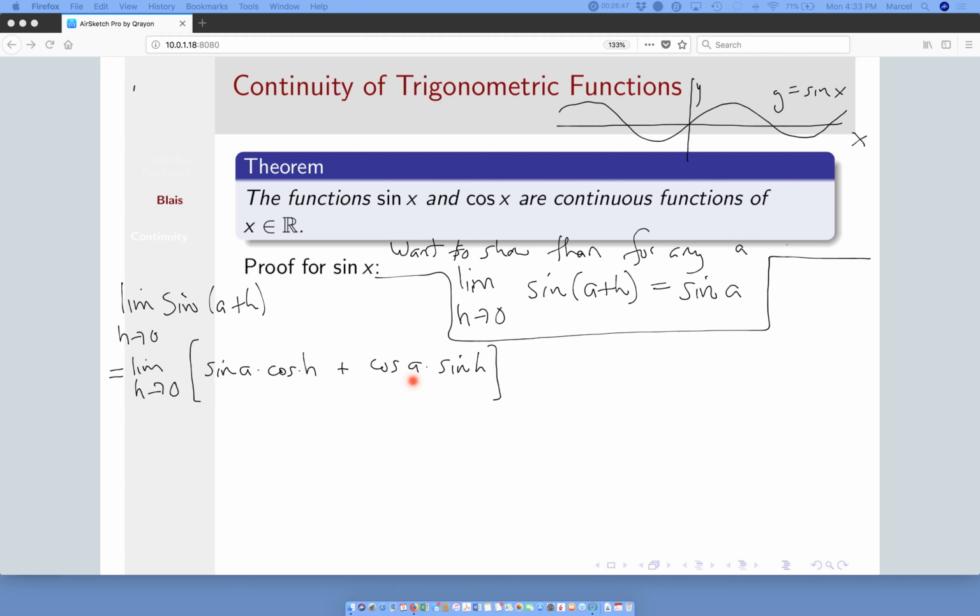So this is a trig identity you would have learned in pre-calculus. And now we start to use our limit laws. So the limit of this sum will be the sum of the limits, again, because those limits themselves will exist. So this is the limit as h goes to 0 of sine of a times cosine of h.